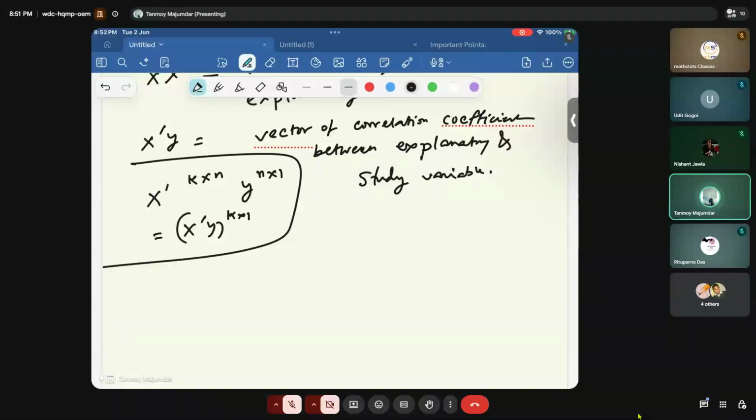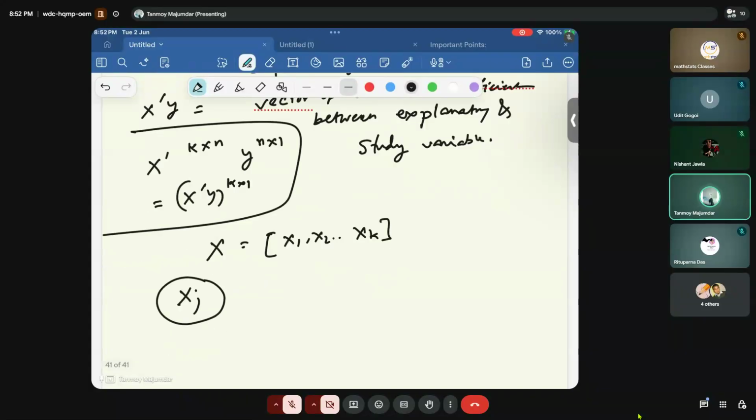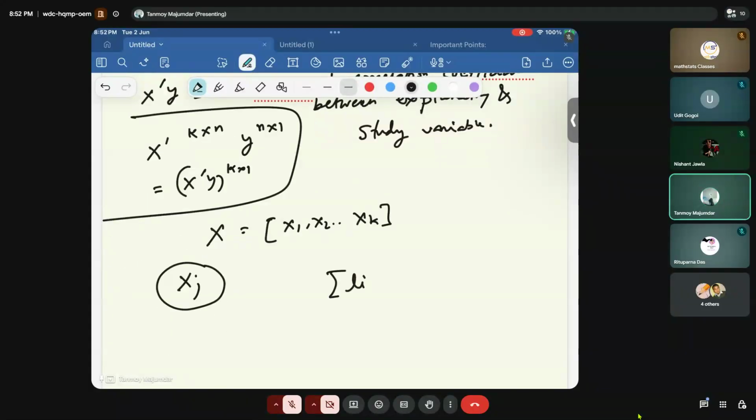Here the x vector is like x1, x2, up to xk. There are k explanatory variables. So if the summation of lj xj, the linear combination of l1, l2 up to lk, j equals 1 to k, comes out to be 0, then we will say they are linearly dependent.